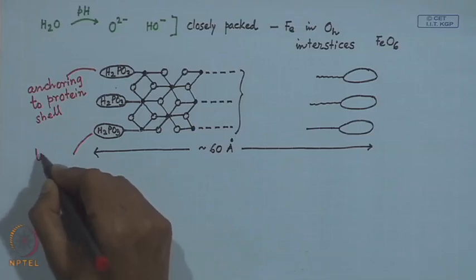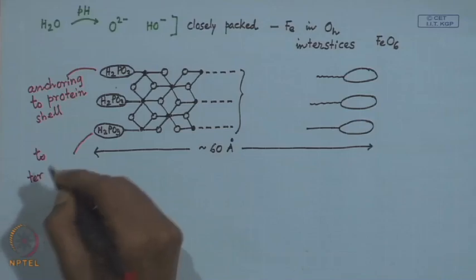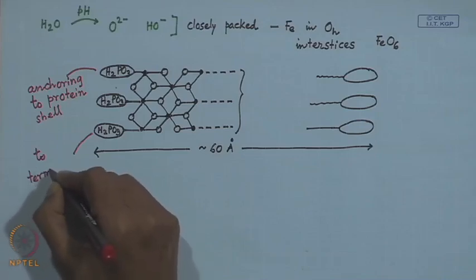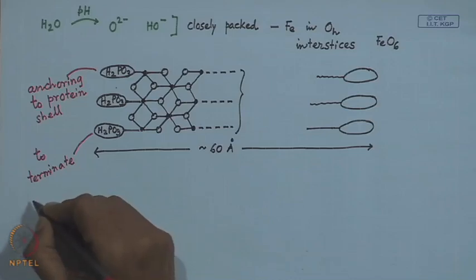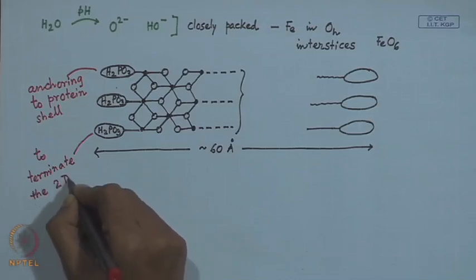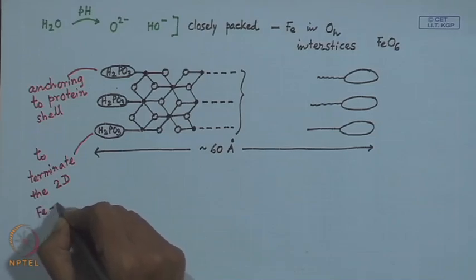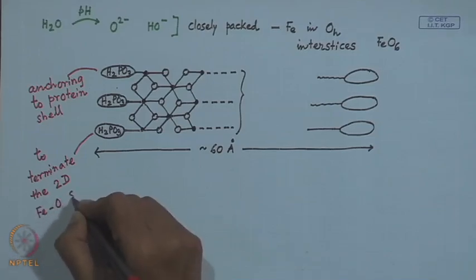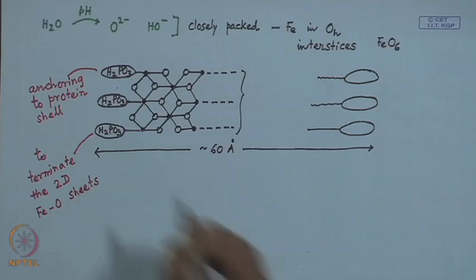are also used to terminate the 2D structure, that means the 2D FeO sheets.